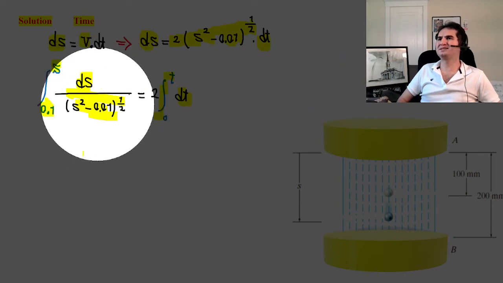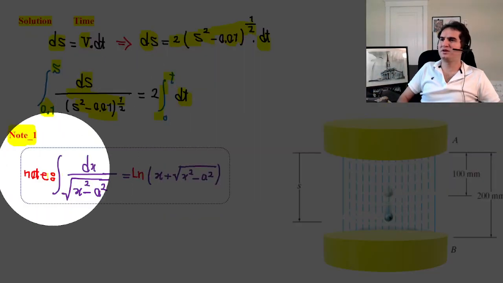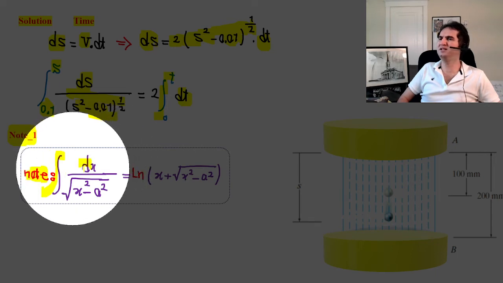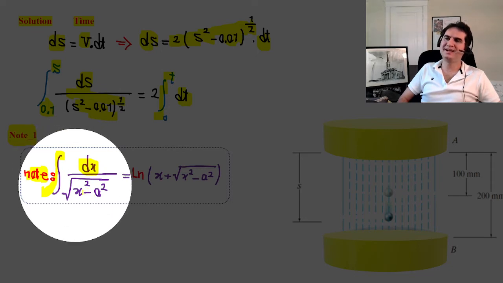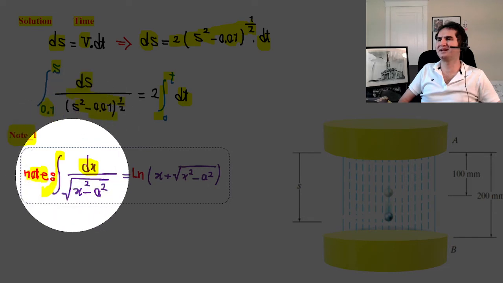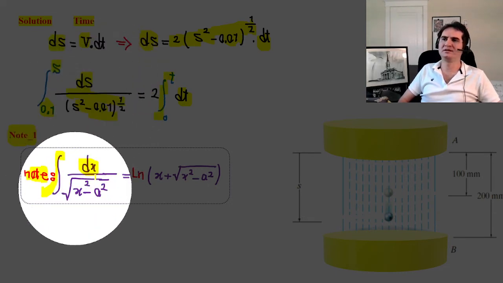If you do the math, you need an integration note. When you have a function with dx in the numerator and the square root of x squared minus r squared in the denominator, which is exactly our case, x stands for s. That's not a big deal.